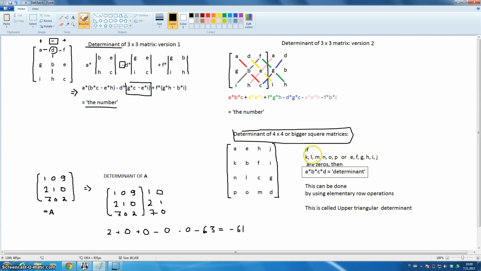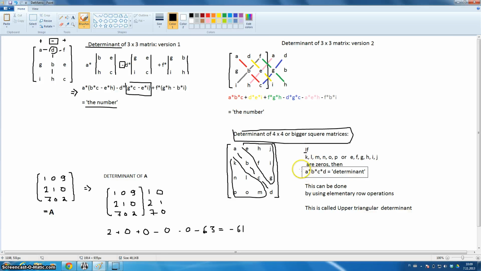And over here I explained that if K, L, M, N, O, and P, these ones are 0, or the lower part is 0, then the product of the diagonal elements is the determinant.